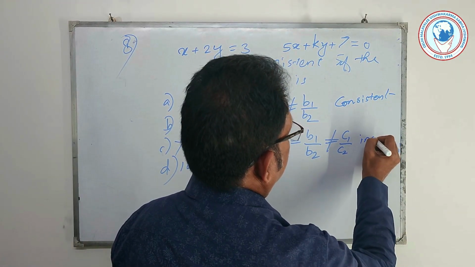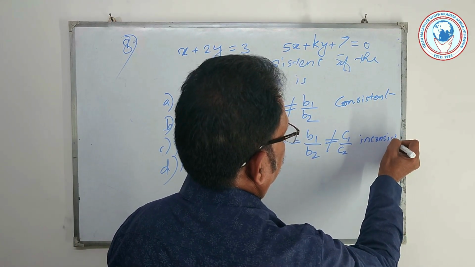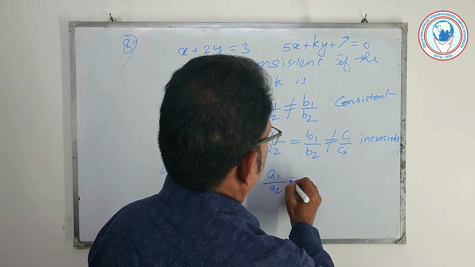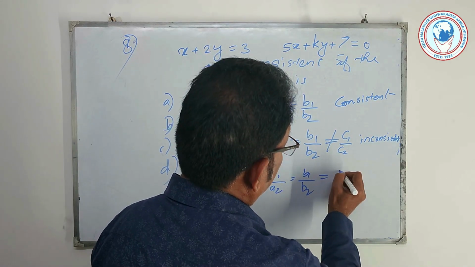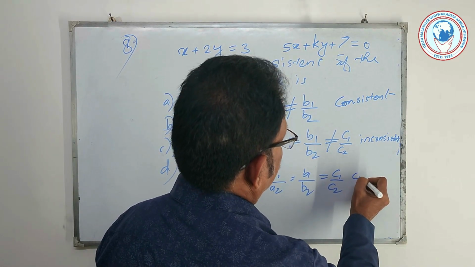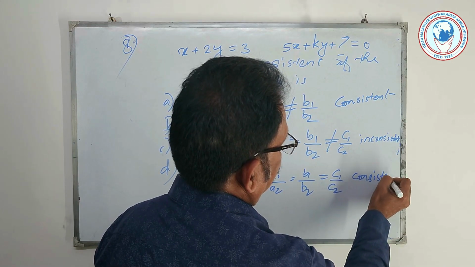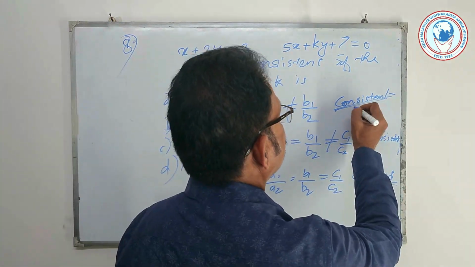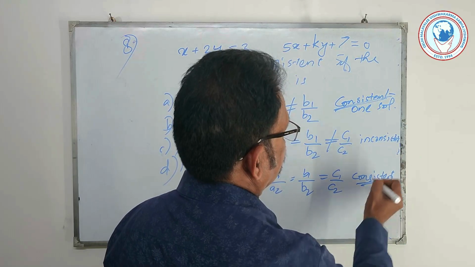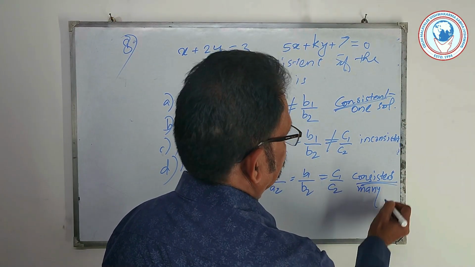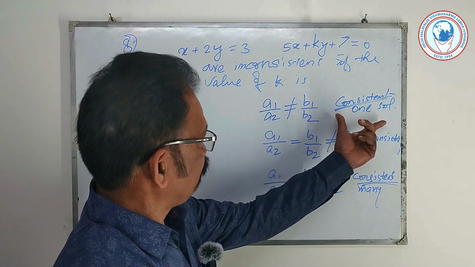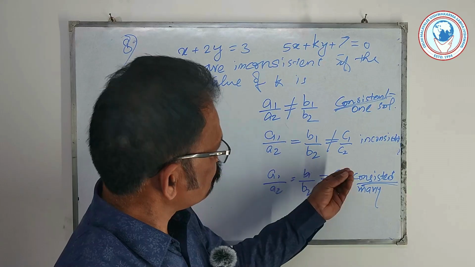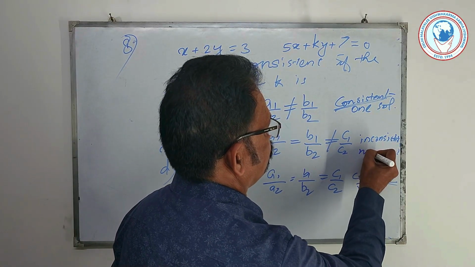This is inconsistent. a1 by a2 equal to b1 by b2 equal to c1 by c2. This is also consistent. Consistent means having solution. This has one solution, this has many solutions. Either one solution or many solutions, they are called consistent. If there is no solution, it is inconsistent.